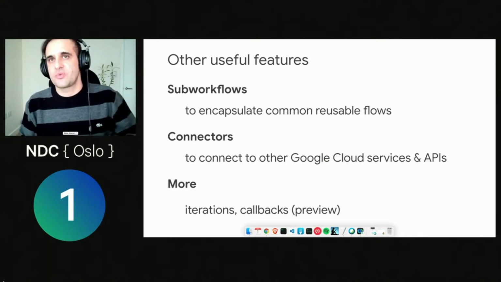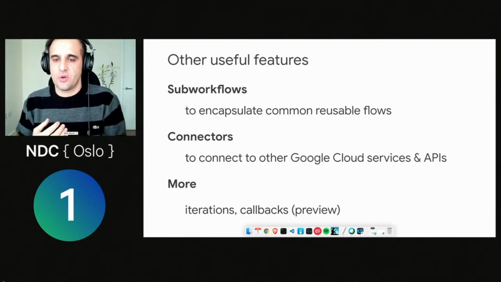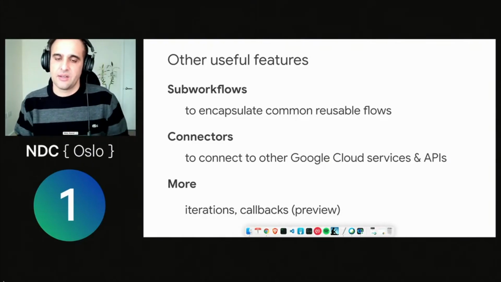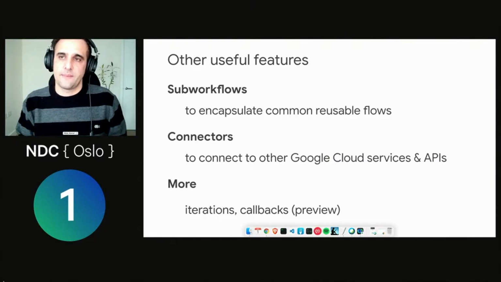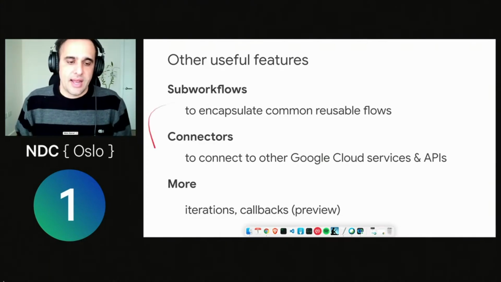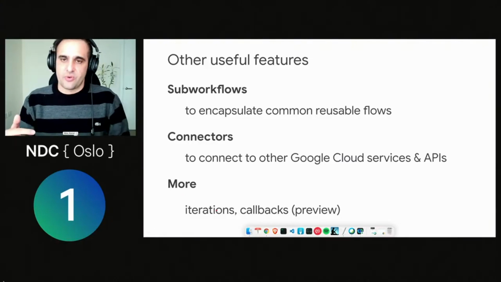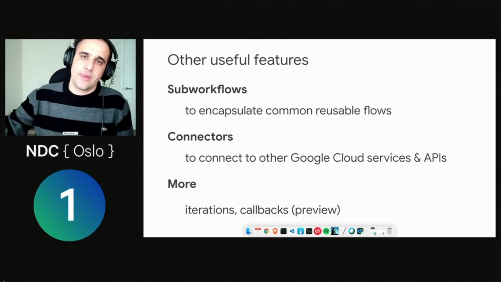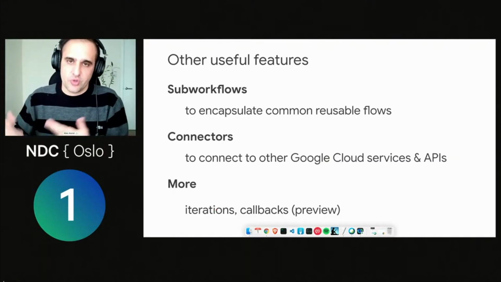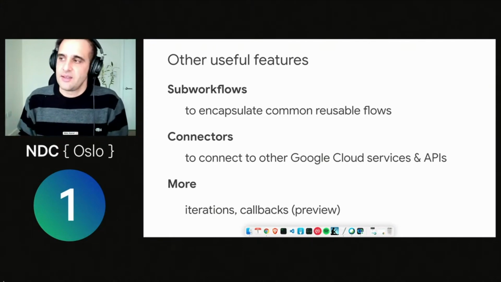So instead of trying to construct an HTTP call from your orchestration, you can use connectors, and connectors make it easier to call Google Cloud Services, and also have the logic to retry things if something needs to be retried or wait for things. And there's the notion of iteration. So in your workflow, you can do for loops, basically. Let's say you want to call a Twitter API, get some tweets, and then for each tweet, do something. You can do that in a for loop.